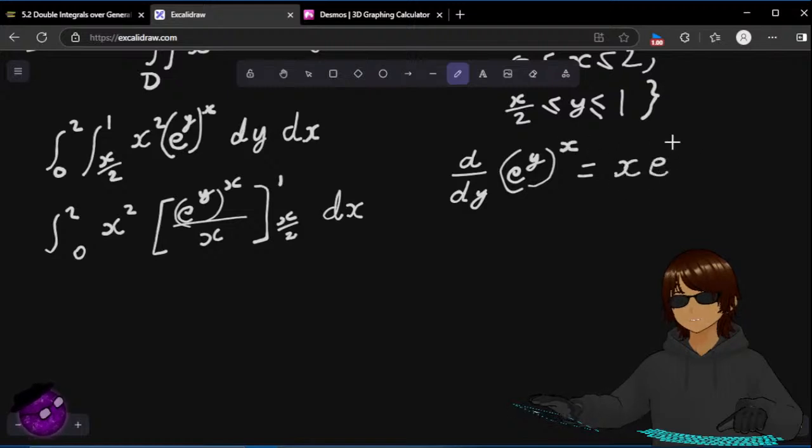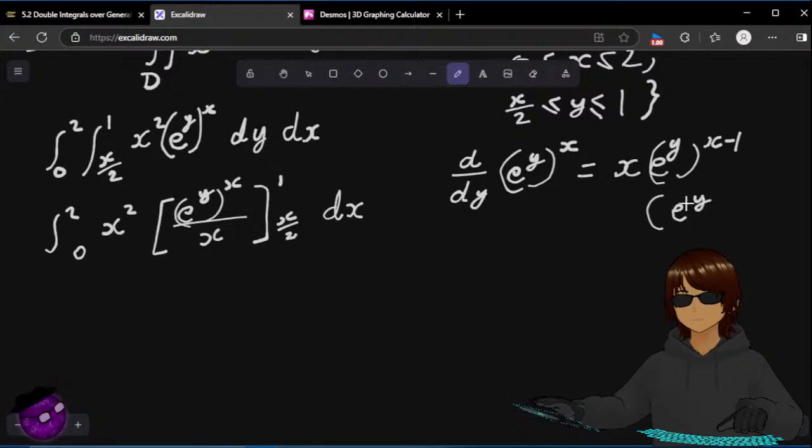So treating x as a constant and using the chain rule, we have this times it with respect to e to the power of y, we get this, and then derivating e to the power of y with respect to y, it's just e to the power of y.